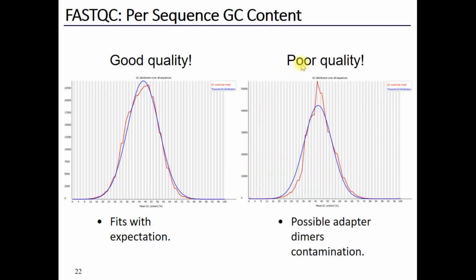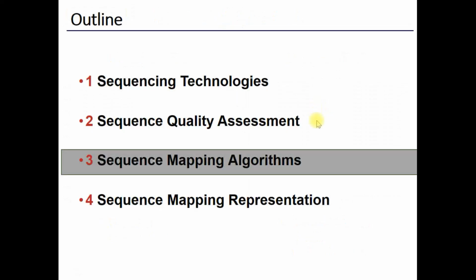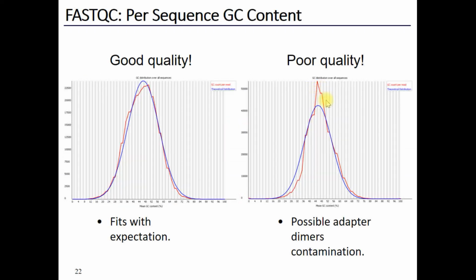And if you have a bad quality sample, the theoretical distribution is the expectation, the blue line, and the red line is the real GC content in your sample. If it has a sharp peak, usually it possibly means adapter dimer contamination, and if it's too broad, then it may be contamination by another species.